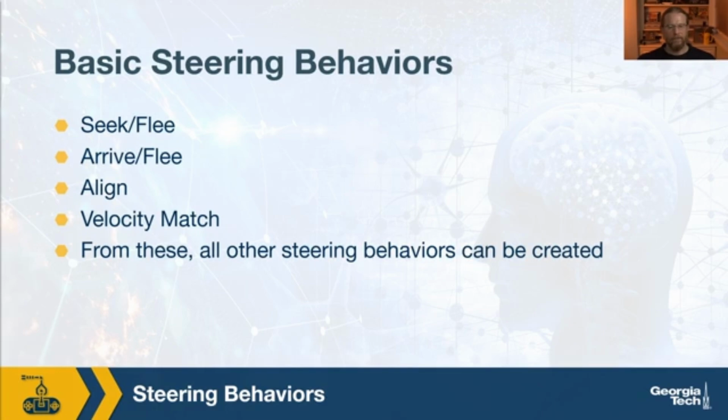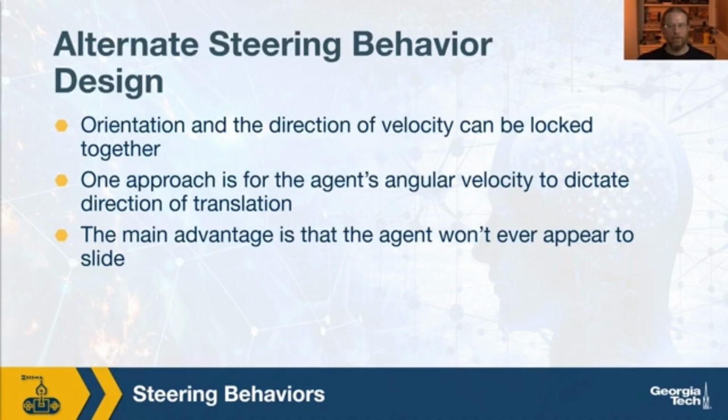So from these basic steering behaviors that we have, we can create other sorts of more complicated steering behaviors, which we're going to look at shortly. But before we get to that, I do want to discuss an alternate steering behavior design that can also be pretty effective. In fact, you could build it from some of these techniques that we've talked about so far.